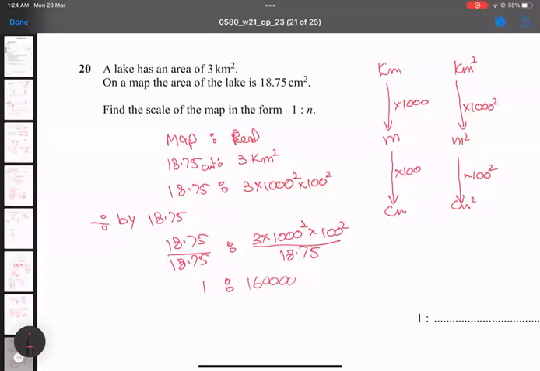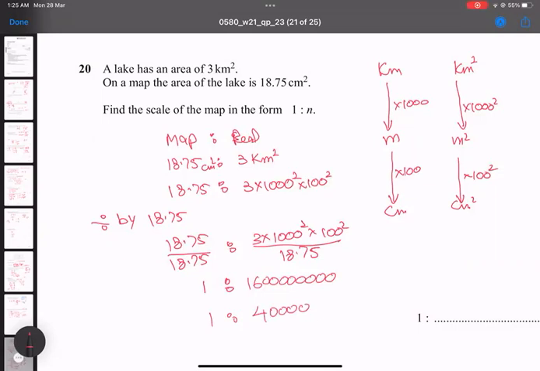But this will give us area. This is for area, but we need the scale of the map in centimeters. Then I have to take the root of both sides. When I take the root of both sides, it gives us 40,000.